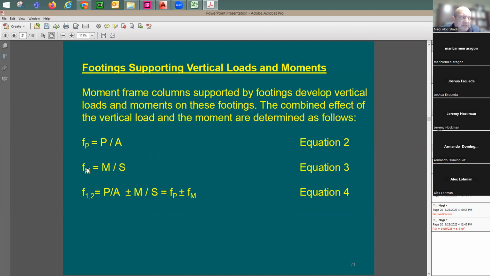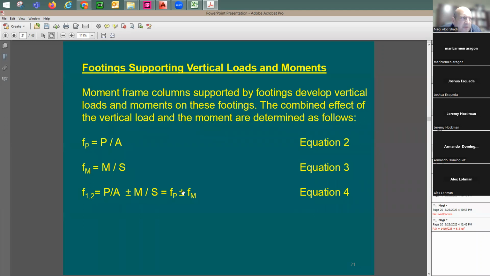So I can say here the stress coming from the moment is gonna be M divided by the section modulus of that interface section with the soil. This one here, because the source is coming from the axial load, I'm gonna call it here F sub P. And this one, source is gonna be coming from the moment, I'm gonna call it here F sub M. At the end of the day, I should be able to add the stresses. But I'm trying to understand why it says here F1 and 2.